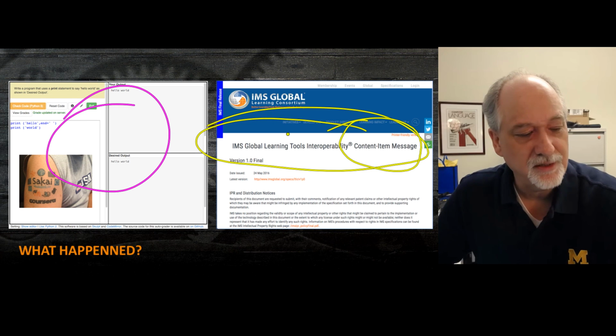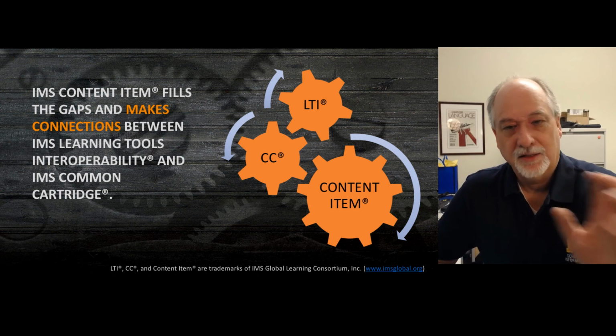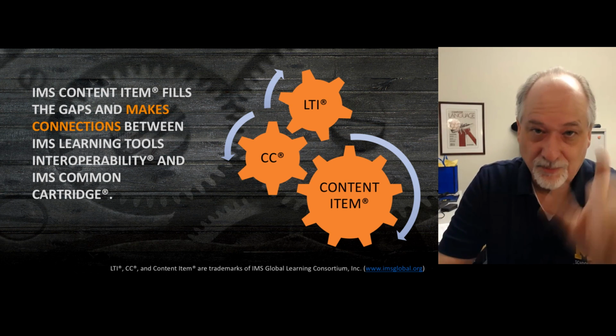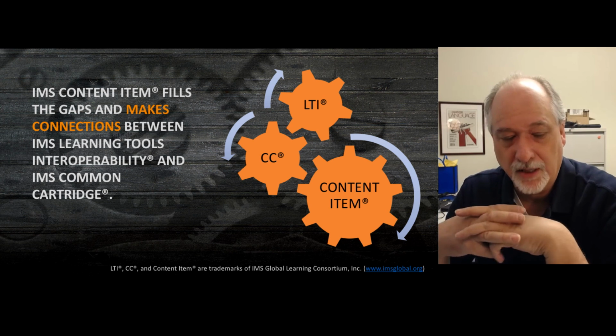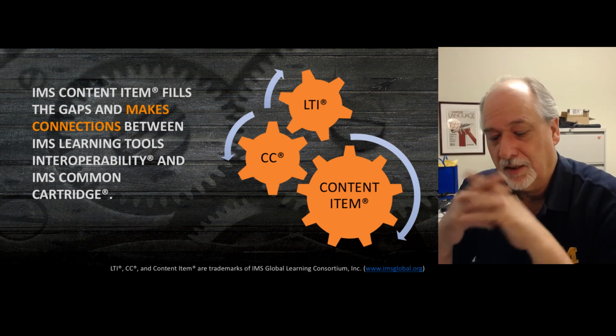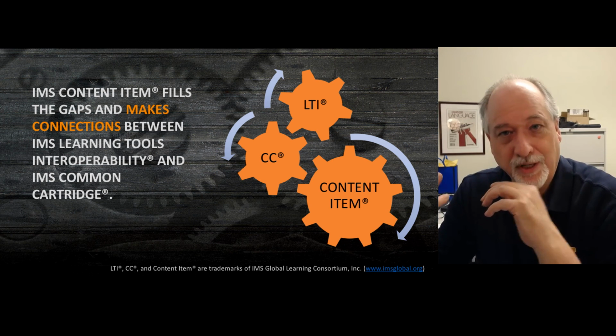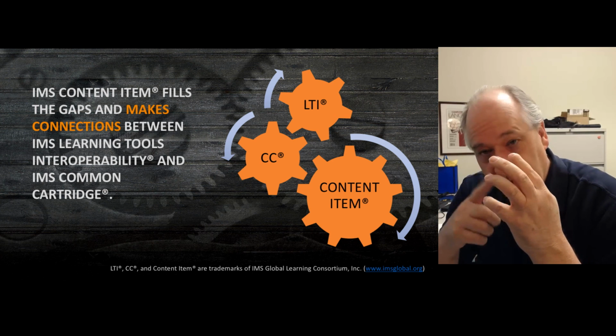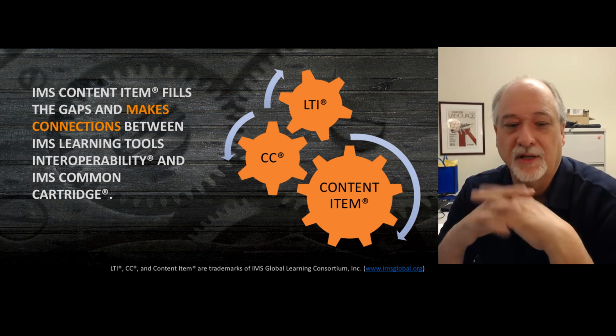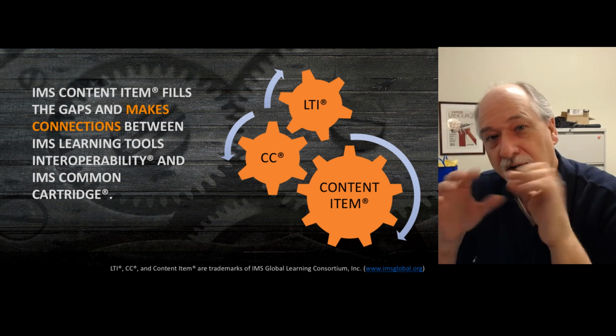And the reason is that content item is a simple standard that fills the gaps between Learning Tools Interoperability and Common Cartridge, meaning that Common Cartridge was sort of incomplete and Learning Tools Interoperability was incomplete, and content item sort of connects them and fills their gaps in amazing ways with a very simple standard.